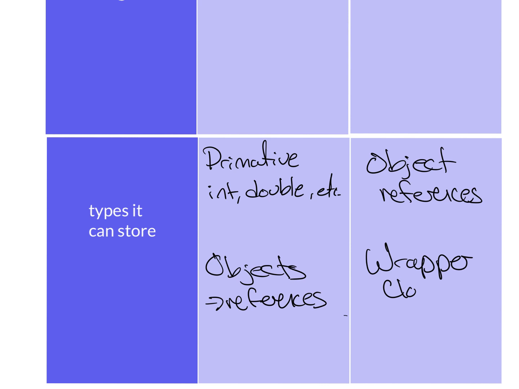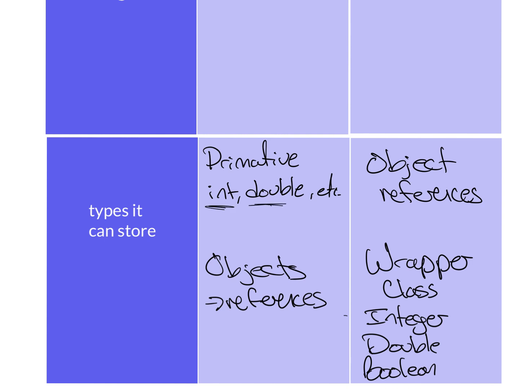This is for when you want to use Integer with a big I, Double, Boolean, etc. We'll look more at those wrapper classes, but in an ArrayList, those are the only times you're using those values. You can't use the plain primitive types. Part of the reason for this is how it's stored in memory.